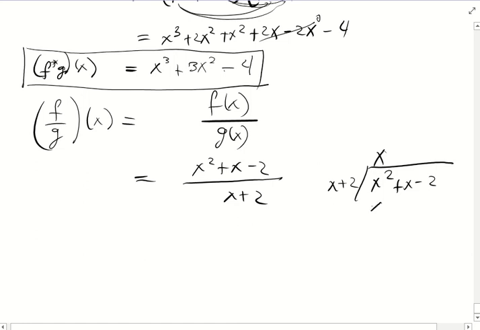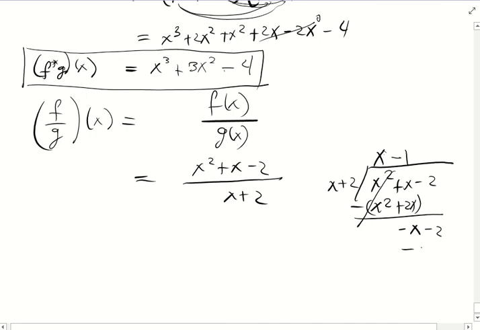X times x is x squared. X times 2 is 2x. Then you subtract this one. So this will be 0. X minus 2x will be negative x. Then bring down negative 2. Then what will I multiply with x plus 2 so that it will become negative x minus 2? I just multiply it with negative 1.